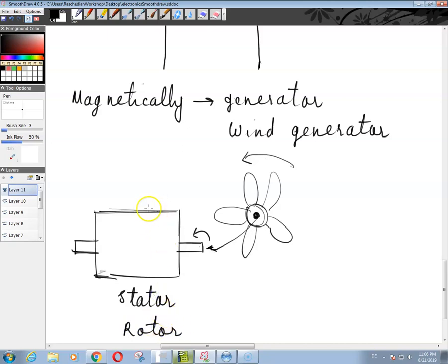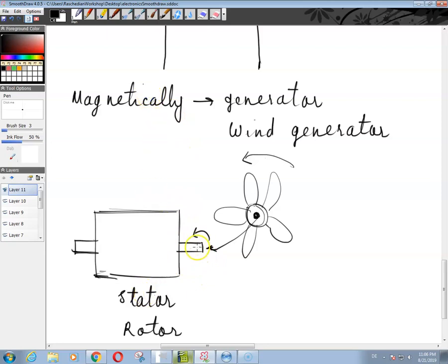The stator is usually not an electric magnet, but just a simple magnet all around the housing of this motor. And there is this rotor in the middle that keeps rotating as a result of the energy coming here from the wind.